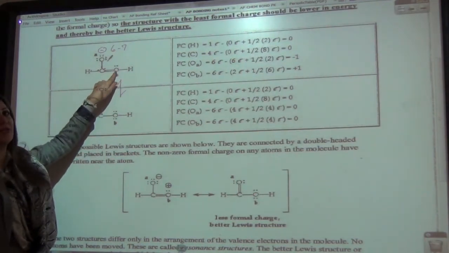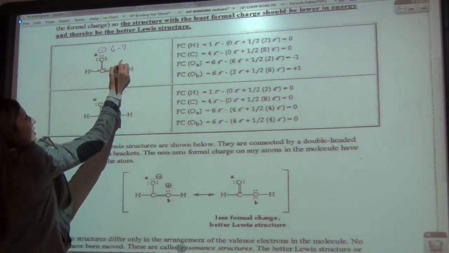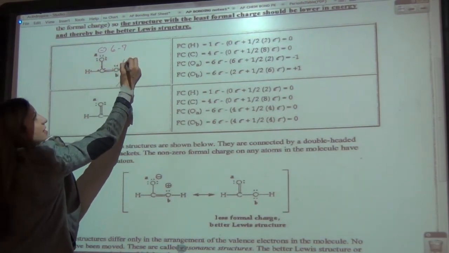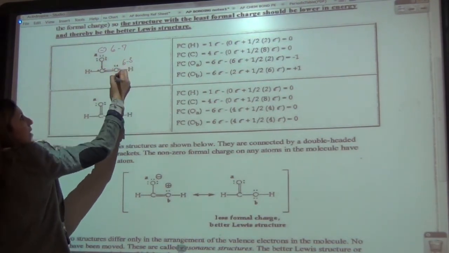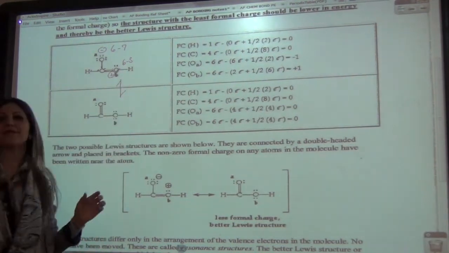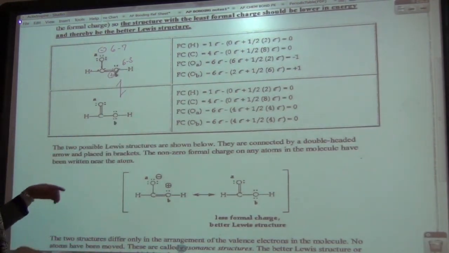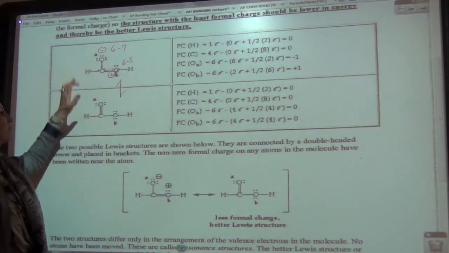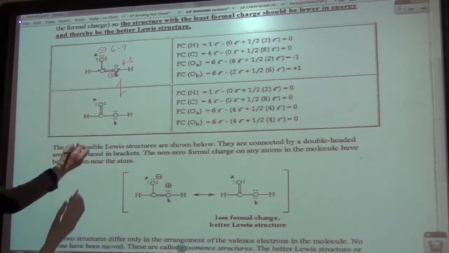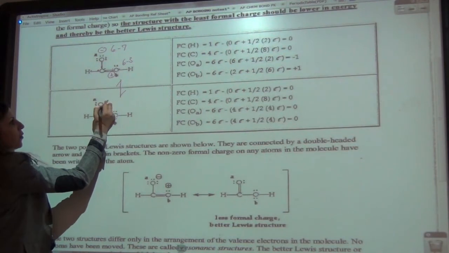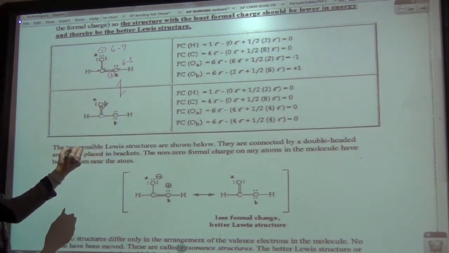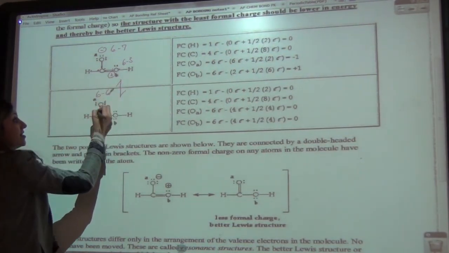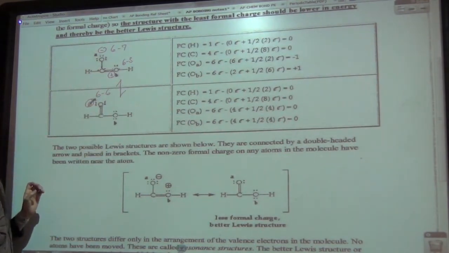Let's try this oxygen. 1, 2, 3, 4, 5. 6 minus 5. This one's actually a +1. And if there's a negative, there's going to be a positive somewhere. And this hydrogen is 1 and 1, so that's fine. So I've got a positive, negative right there. Let's try this one. Okay. 1, 2, 3, 4, 5, 6. 6 minus 6 is 0.